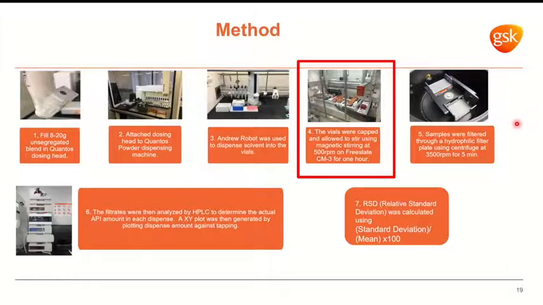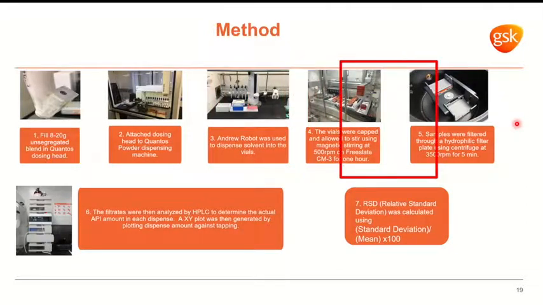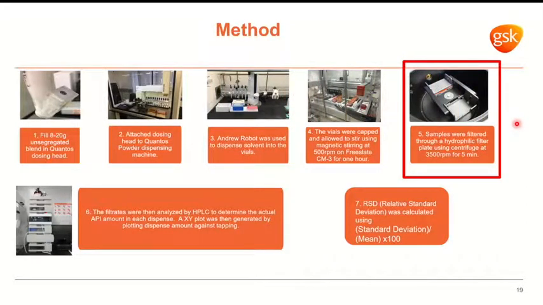In order to do that, we will filter the solvent using a centrifuge at 3500 rpm for 5 minutes, and the centrifugation is going to result in the separation of the undissolved excipients and the dissolved API in the solvent.